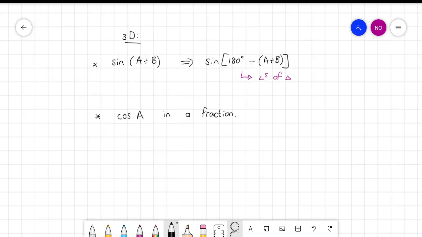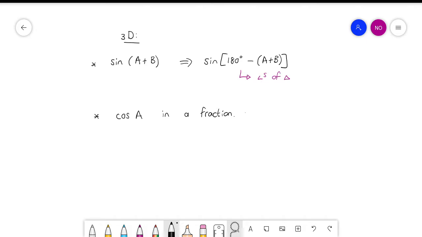This might have come from sine of 90 degrees minus that. Because remember, those two are co-functions. So if you are working towards a specific answer and you see it's in a fraction, why am I saying a fraction? Because oftentimes the fraction is when you use the sine formula.